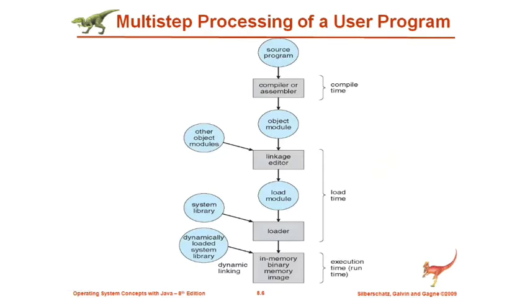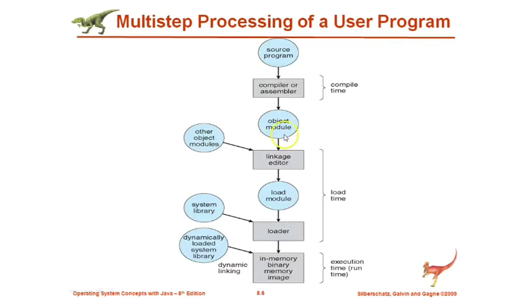Whenever a user program is executing, its processing will go through the following steps. I think you are already aware of this. Initially, the program is source code, which passes through the compiler or assembler phase and is converted into object code.